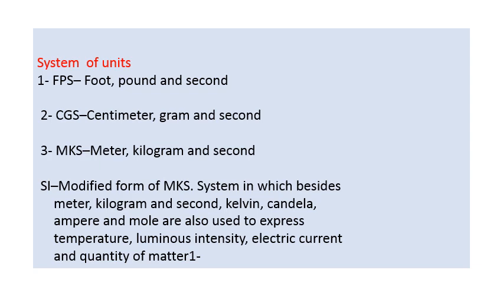Modified form of the MKS system in which besides meter, kilogram, and second, Kelvin, candela, ampere, and mole are also used to express temperature, luminous intensity, electric current, and quantity of matter.